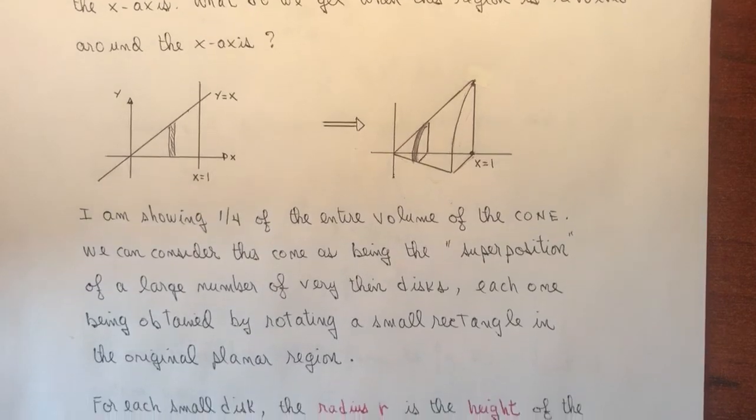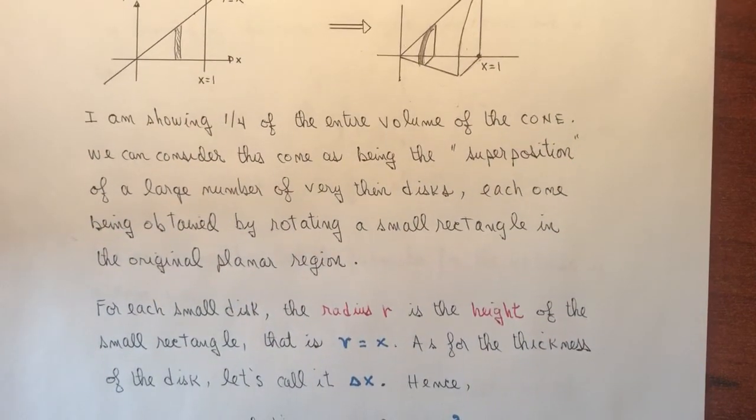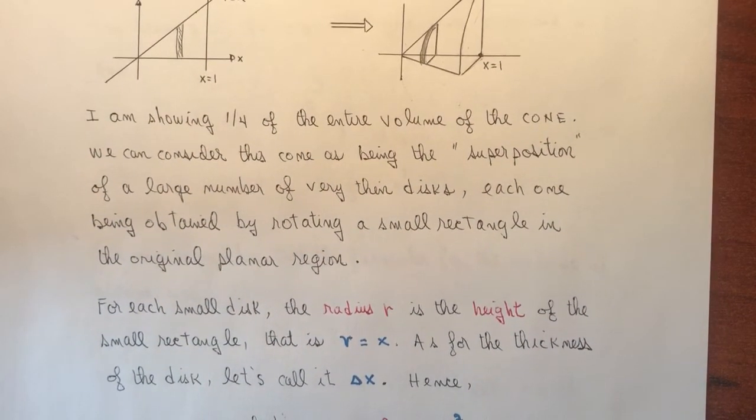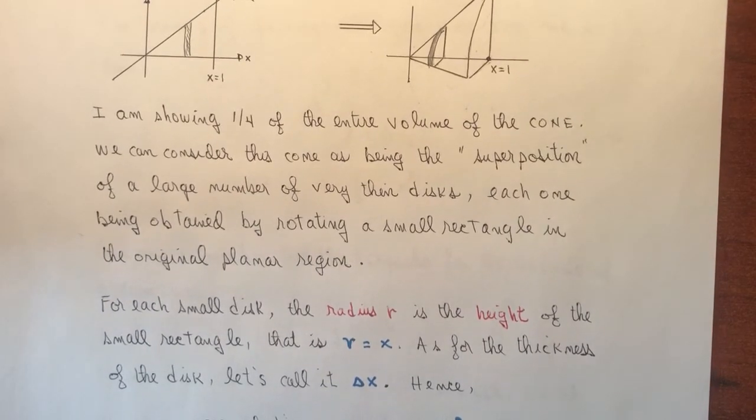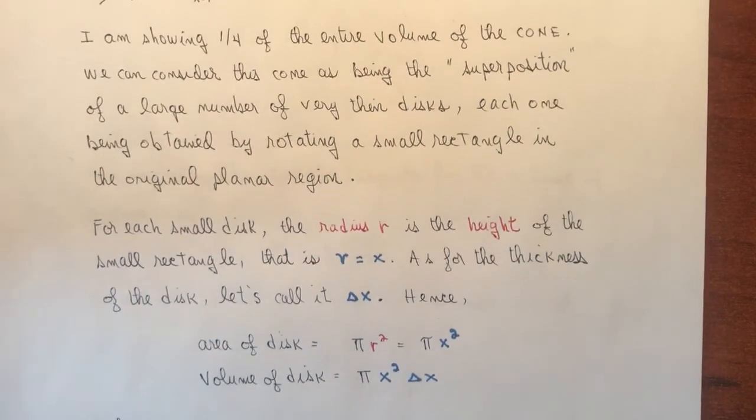So, for each small disk, the radius r is actually the height of the small rectangle, that is, r is equal to x. As for the thickness, let's call it delta x. Hence, the area of the disk is pi r squared, or in that case, pi x squared, since r is equal to x.